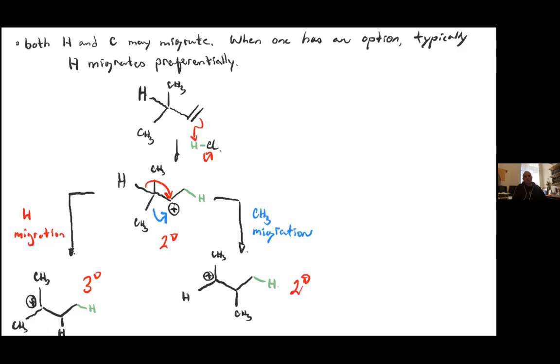So this is where you get into this idea of unimolecular versus bimolecular. How much it's going to rearrange is going to depend upon how fast chloride can get in there and put an end to it. Okay, so in a low chloride environment, it'd be more likely that the secondary carbocation would eventually rearrange to a tertiary carbocation.